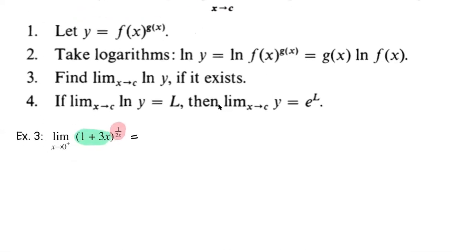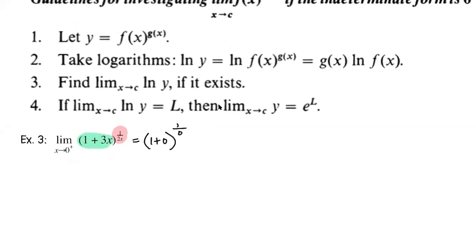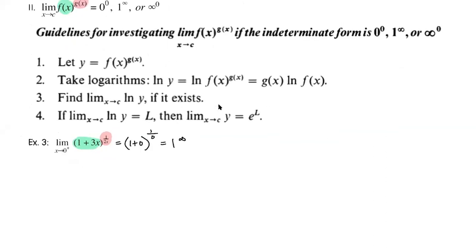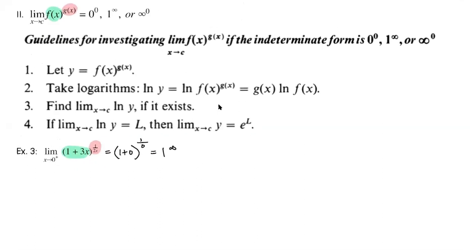And so when we plug in 0, we'll end up with 1 plus 0 to the 1 over 0, or 1 to the infinity. Okay? So we know now that we can use these 4 steps to help us find out what y value this function actually gets close to.